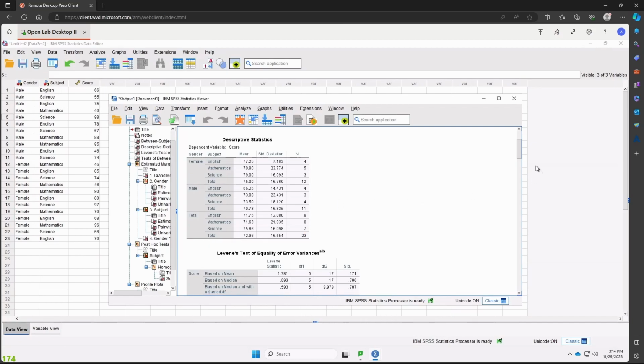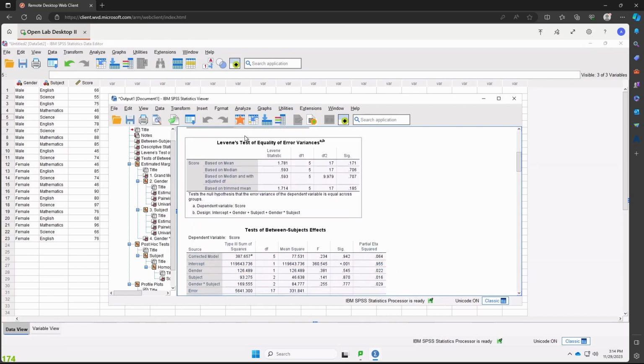And if we move down, we have the Levene's test of equality of error variances. So a question for you: are you going to reject the null hypothesis? No. Let's take a look. Because here we have a significance of 1.71, and that tells us that 1.71 is larger than 0.05.